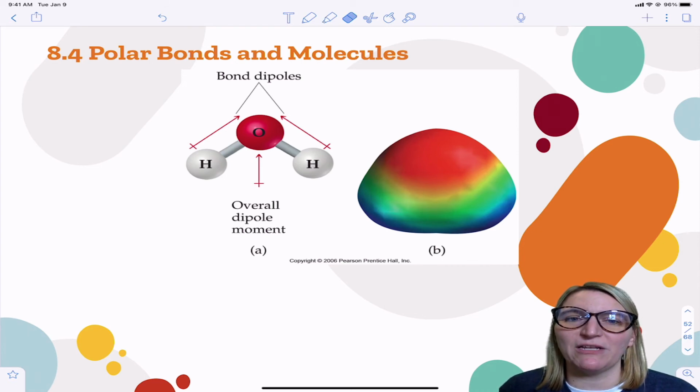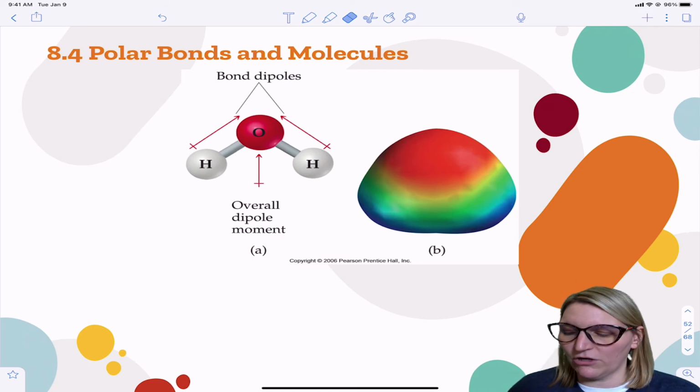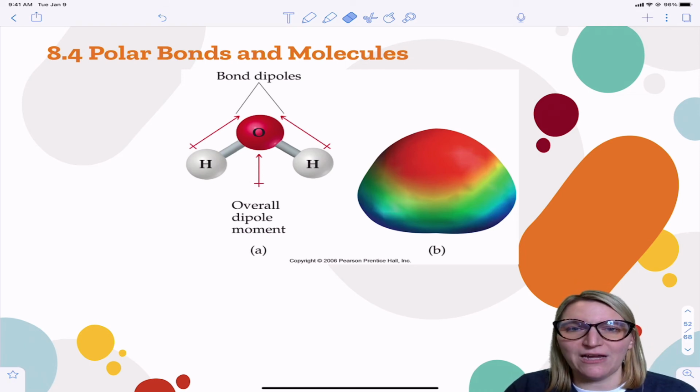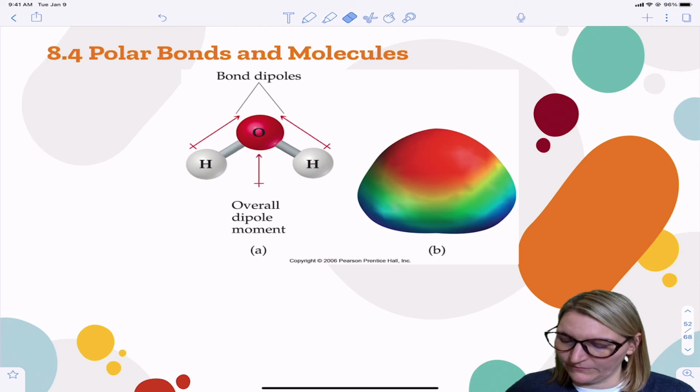Those electrons spend more time around the oxygen. You can also see it in that shaded, colored diagram, that space filling model, where red is where the negative charge is. And you can see that's definitely centered around the oxygen atom.